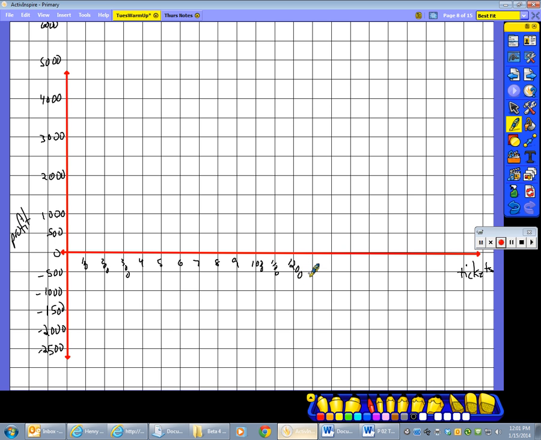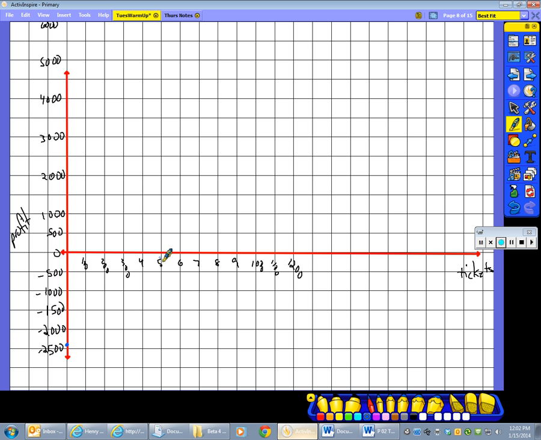Of course on your graph paper you're going to have a little bit more room. You don't have to squish it as much as I'm doing. So now I'm going to graph it. If I sell 0 tickets, I'm going to lose $2,400, so right there, about negative 2,400.